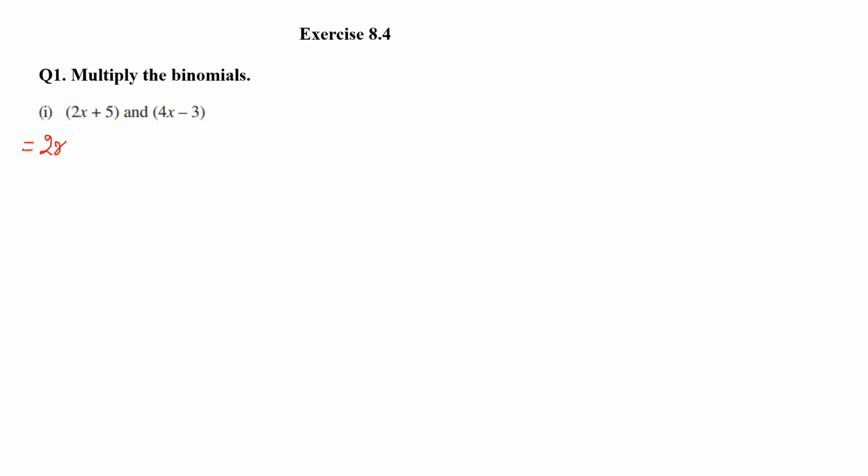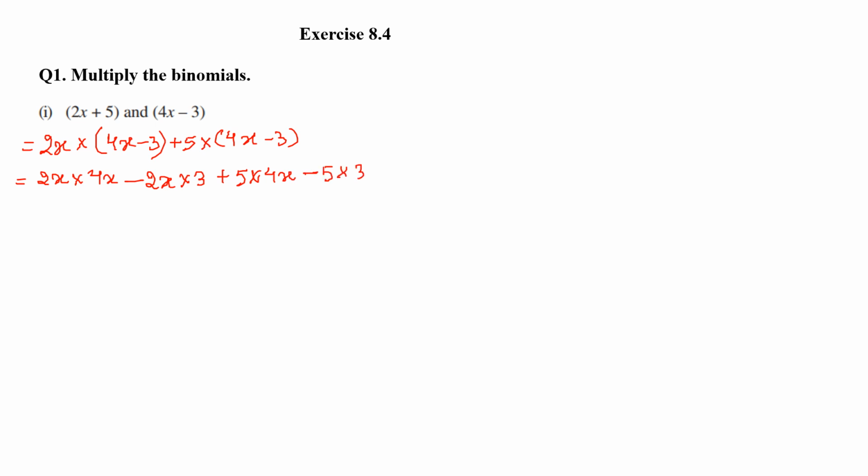2x multiplied with 4x minus 3, plus 5 multiplied with 4x minus 3. So if I multiply 2x, first with 4x and then minus 2x multiplied by 3. Next, plus 5 multiplied by 4x, minus 5 multiplied by 3.